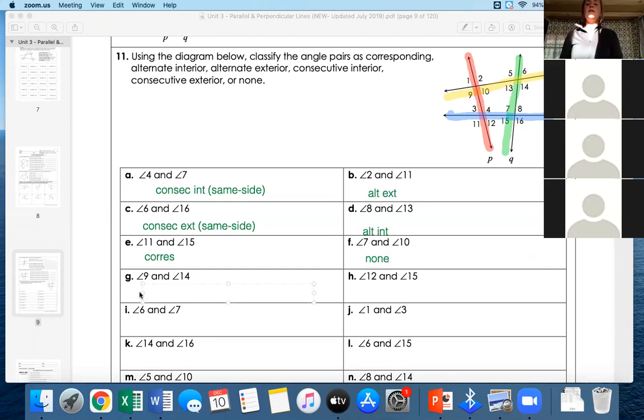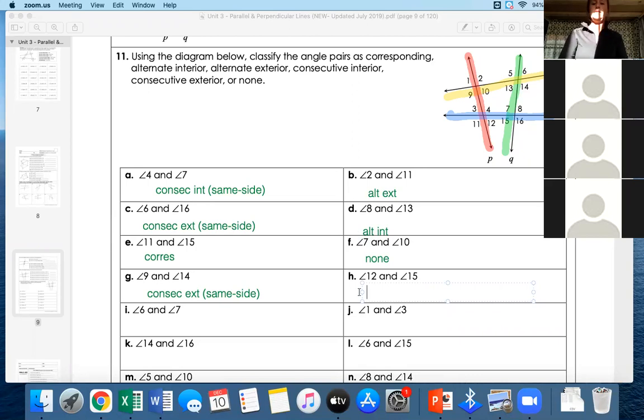How about 9 and 14? 9 and 14. Yep. 12 and 15? 12 and 15.